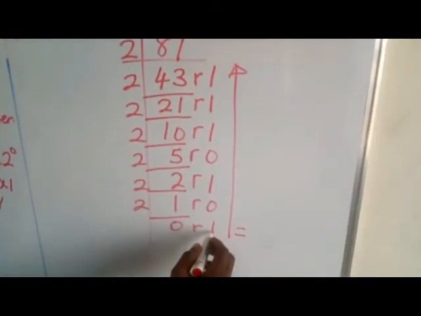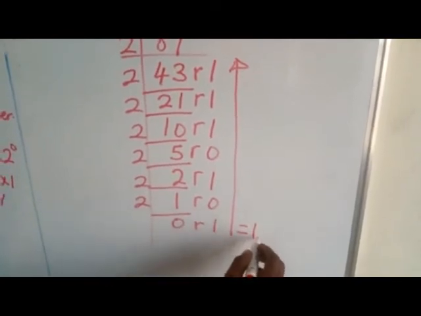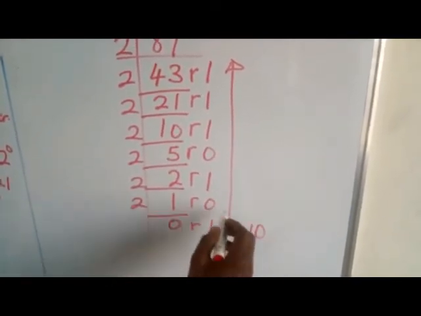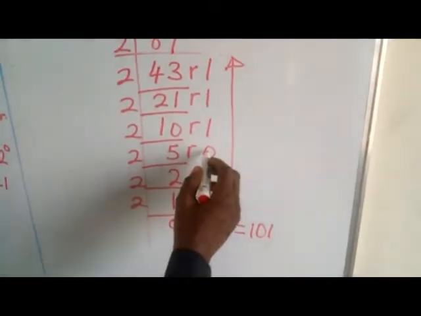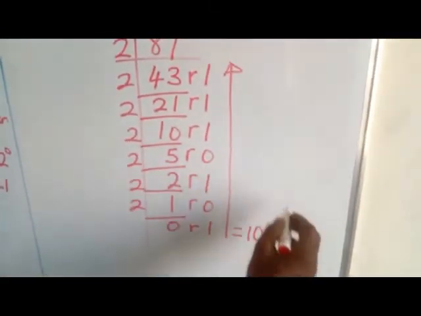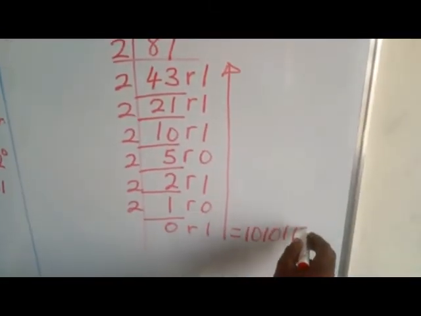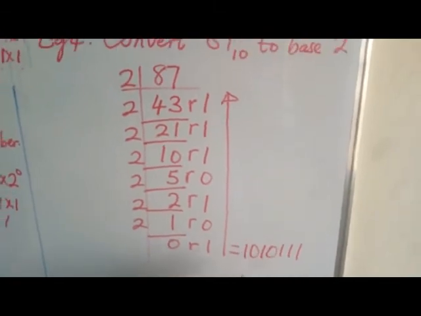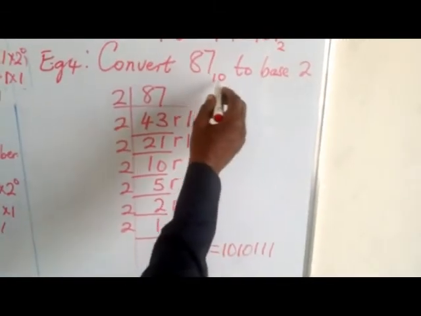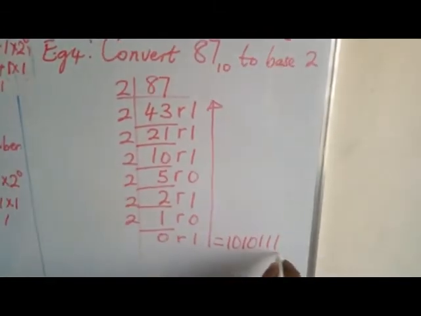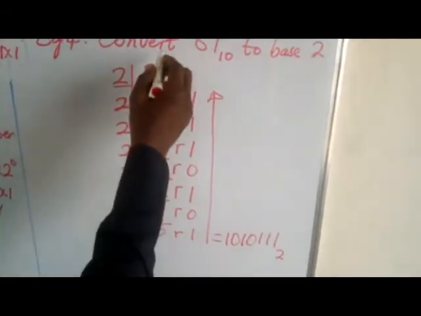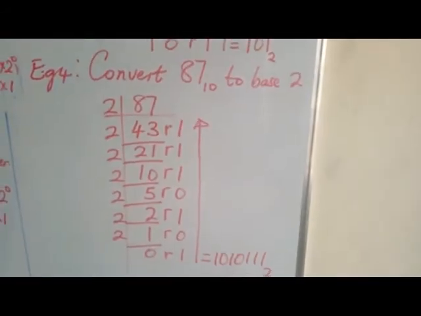So the binary number that we have here is 1, 0, 1, 0, 1, 1, 1. Then you remember to write the base. We are converting from base 10 to base 2. So this is how to convert from base 10 to base 2.